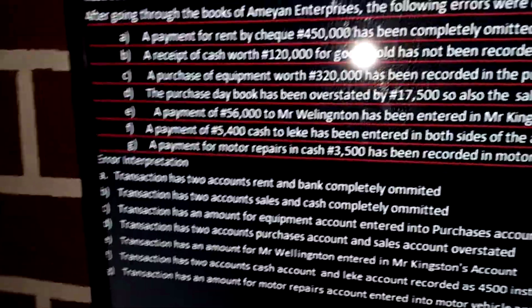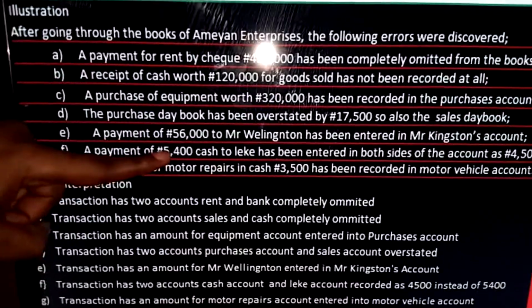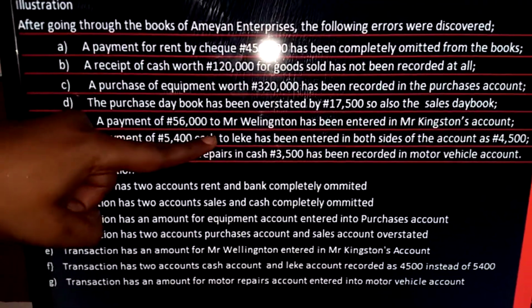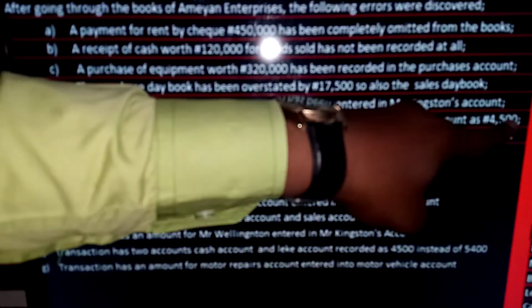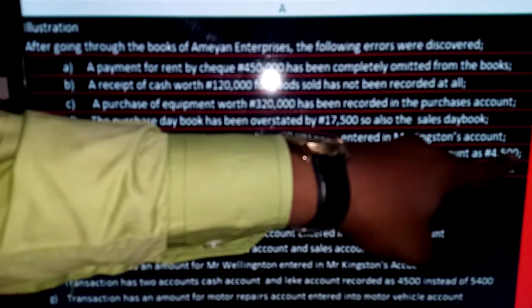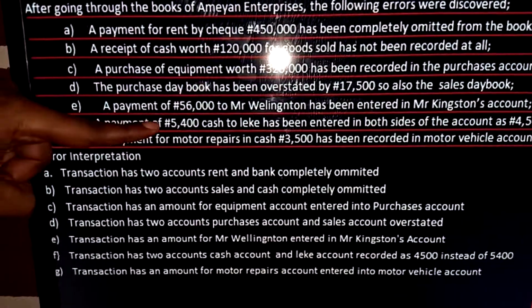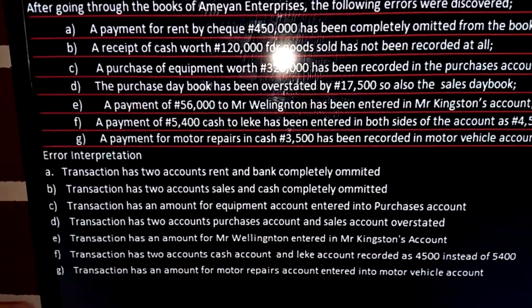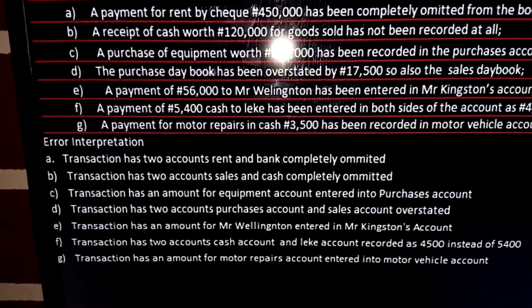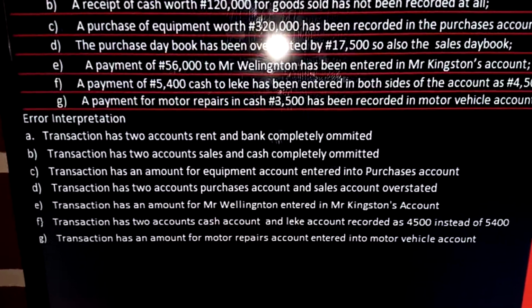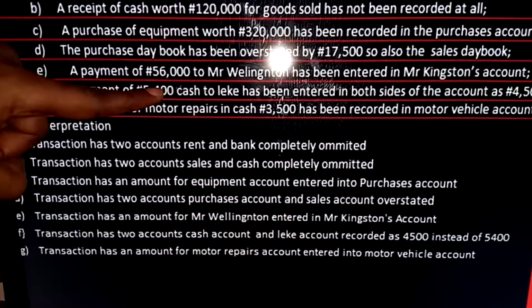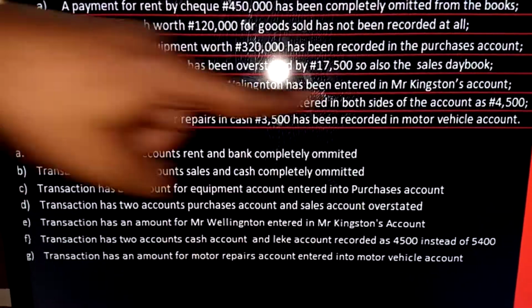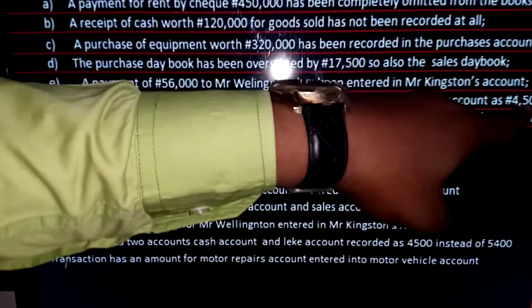The next one here, F, says a payment of 5,400 cash to Lekki has been entered in both sides of the account as 4,500. Now, when you make payments to Lekki in cash, you have two accounts, cash and Lekki. You credit cash and debit Lekki. Now, the payment is 5,400, but they've entered to both accounts 4,500. What error is that?